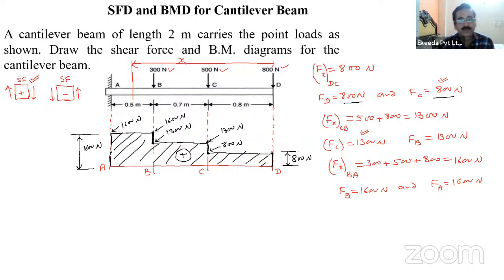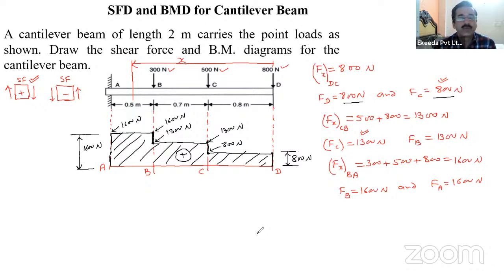From D to C, it is constant 800 Newton. From C to B, it is constant 1300 Newton. From B to A, it is constant again 1600 Newton. And this is the shear force diagram for this cantilever beam.